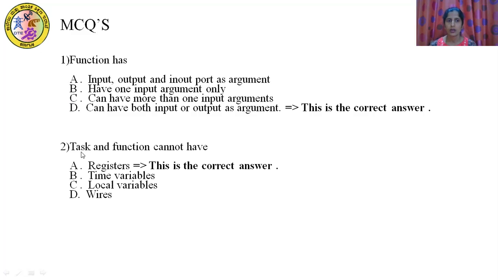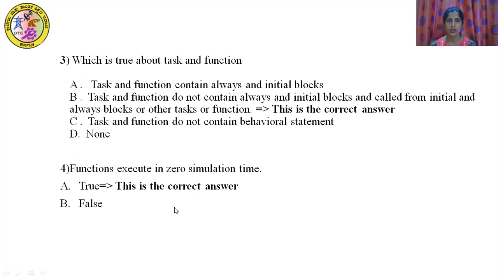Second question: task and function cannot have, first one, registers; time variables; local variables; option D, wires. So tasks and functions cannot have registers. Coming to the next question, which is true about task and function?